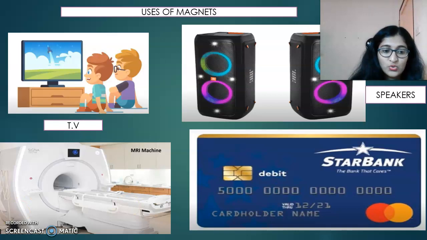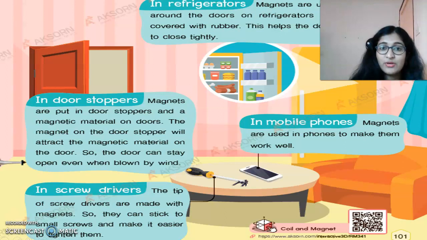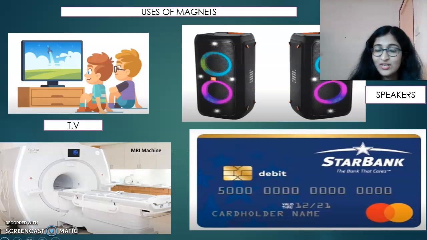Magnets are used in refrigerators, in the doors of the refrigerators, and mobiles, door stoppers, screwdrivers, television, speakers, MRI machines. We have ATM cards. So that is the uses of magnets in daily life.